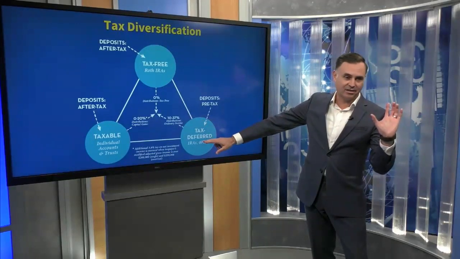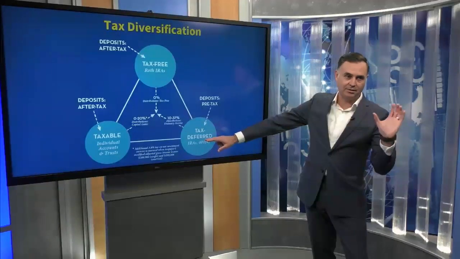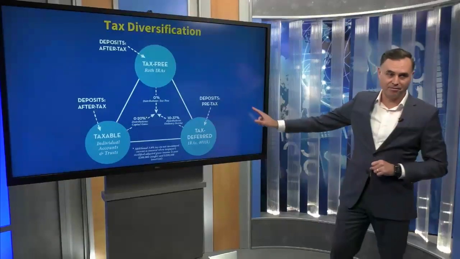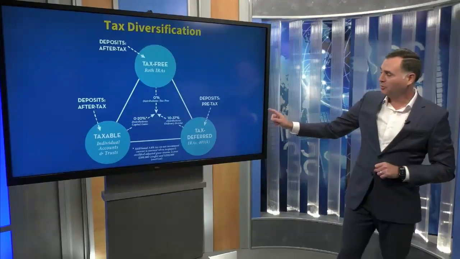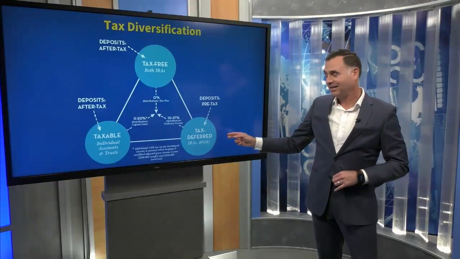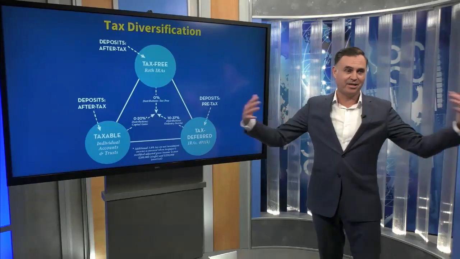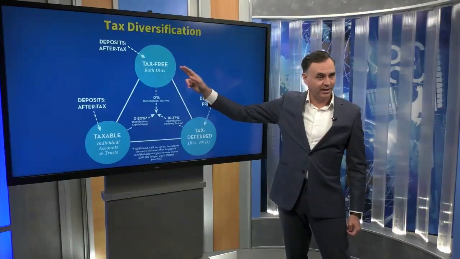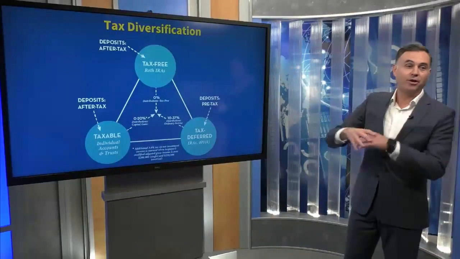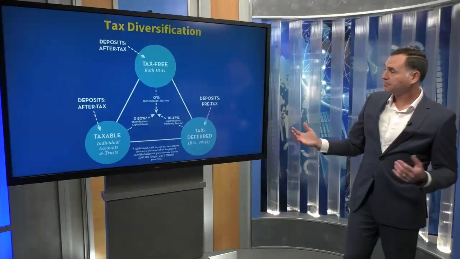Well, you've deferred tax on $150,000, which is the seed. Now you've got to pay tax on the full harvest, whatever the full value is, whether that's $400,000 to $500,000. So you've deferred tax on the seed, and now you've got to pay tax on the harvest. The opposite is for the Roth. You pay tax on the seed. As it grows, there is no tax on the harvest, right?